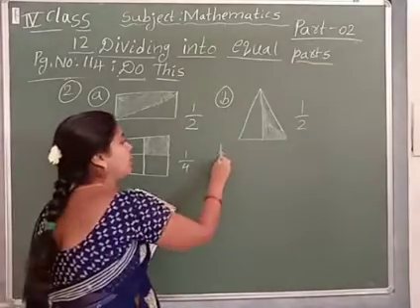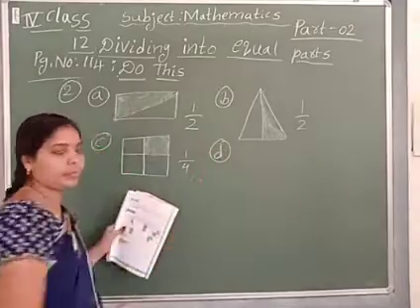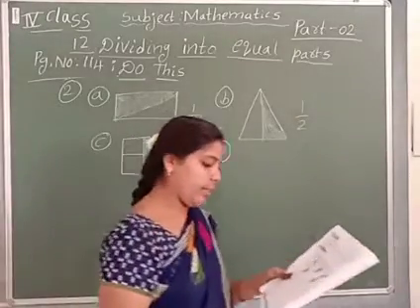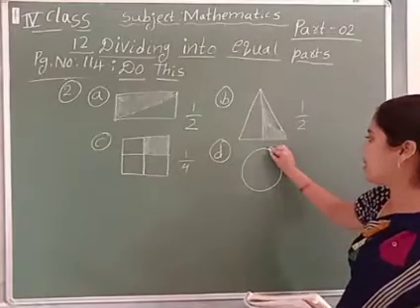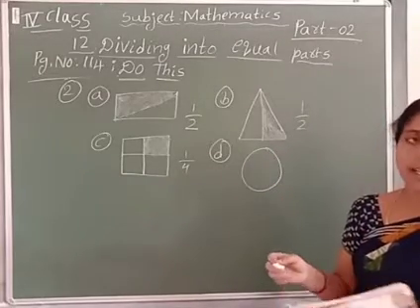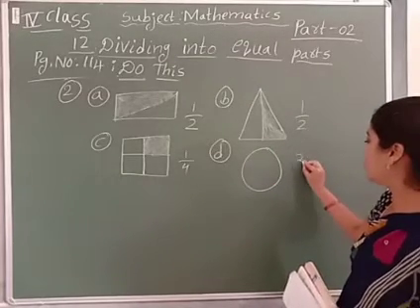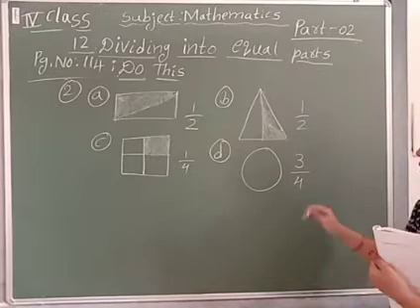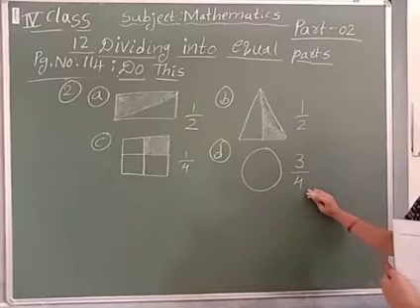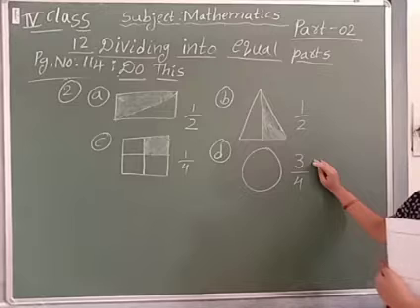Next, D1. See, which shape does D1 have? Circle shape. 3/4. 4 is the denominator, 3 is the numerator.